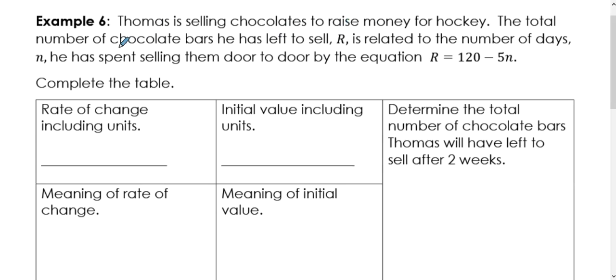We have chocolate bars left, R, and we've got days, n. If we look at this, we're going to have these 2 variables.